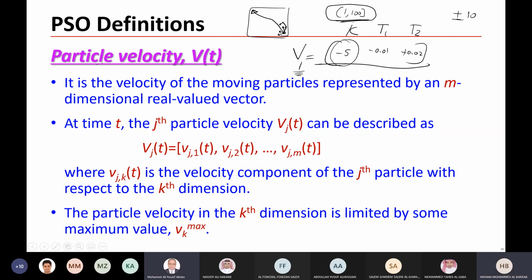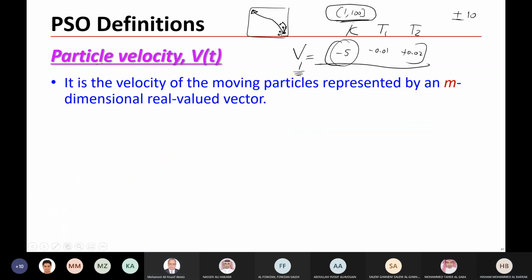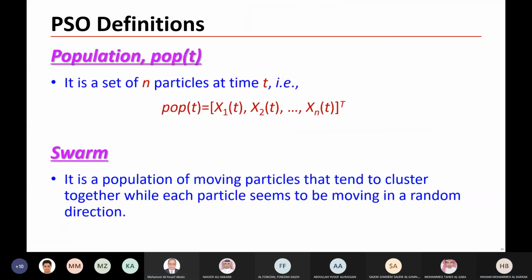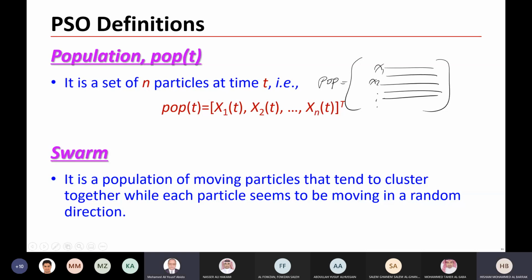No, Doctor, actually, could we go back to the previous slide? As you said here, the X1, X2, X3. Can we consider X1 as a chromosome, like in the GA? Yes, this is a chromosome.